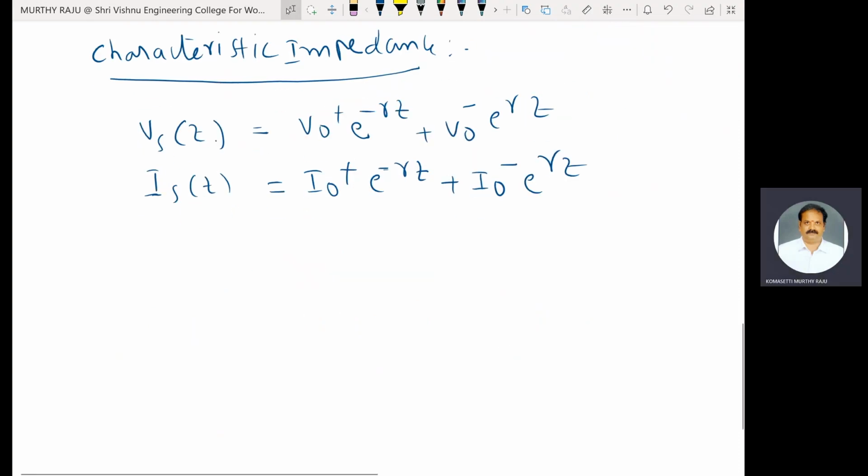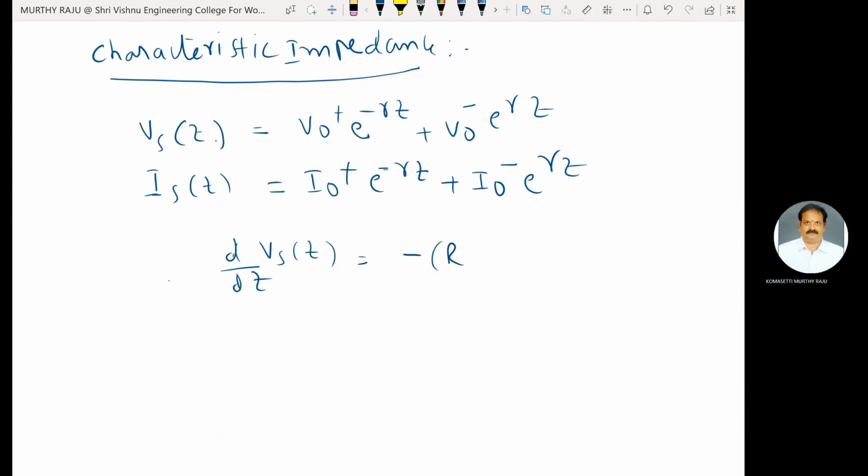We know that d by dz of Vs of z is equal to minus (R plus j omega L) Is of z.